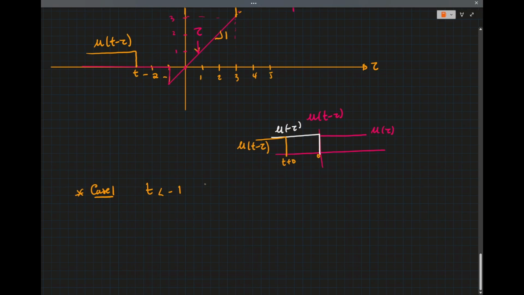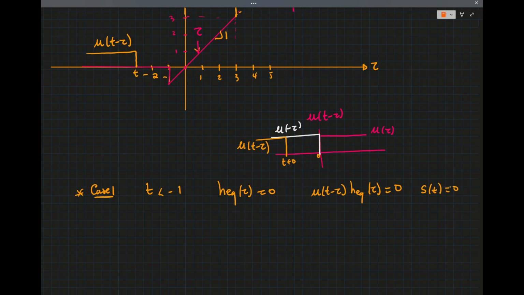So in that interval, h equivalent of tau is 0. So then u of t minus tau times h of tau is equal to 0. So that means x of t will be 0 for that. So for t less than or equal to -1, x of t is 0.